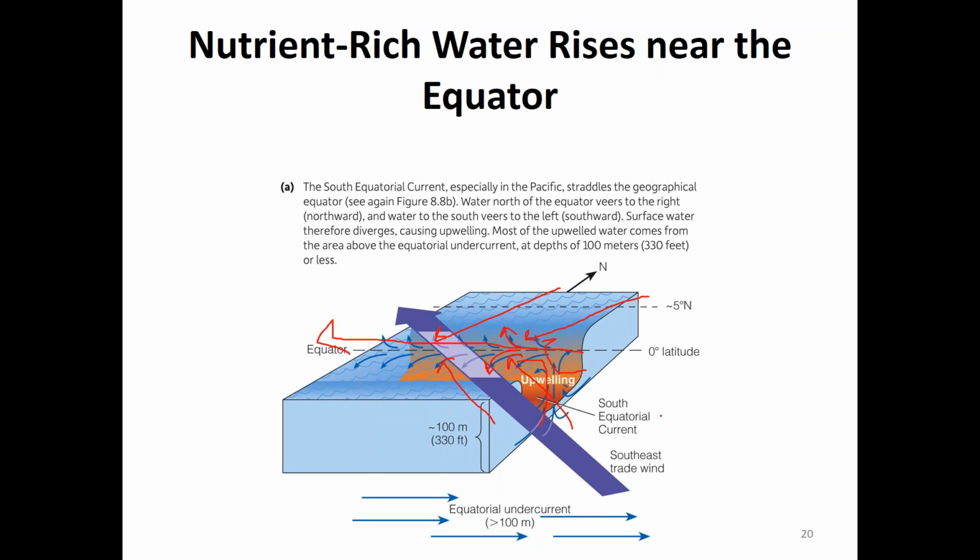But here at the ITCZ, where the converging easterly winds drive water away from the ITCZ, this instigates upwelling, and this cold, nutrient-rich water comes towards the surface. And so you'll have biological productivity. You'll have phytoplankton photosynthesizing because there are nutrients here.